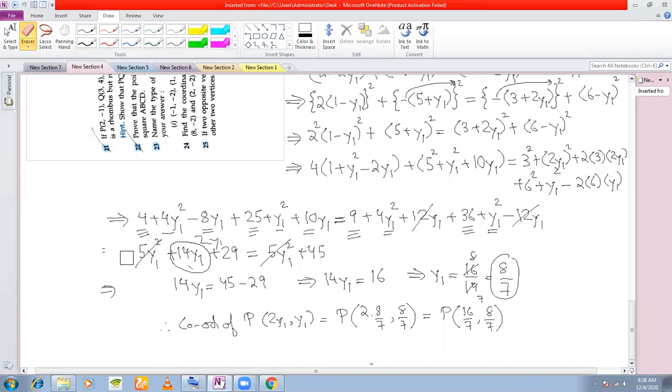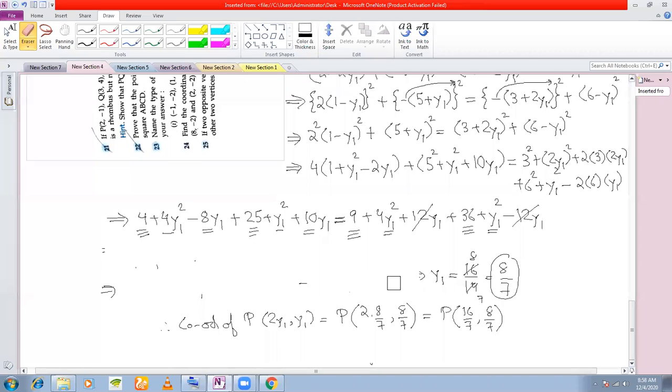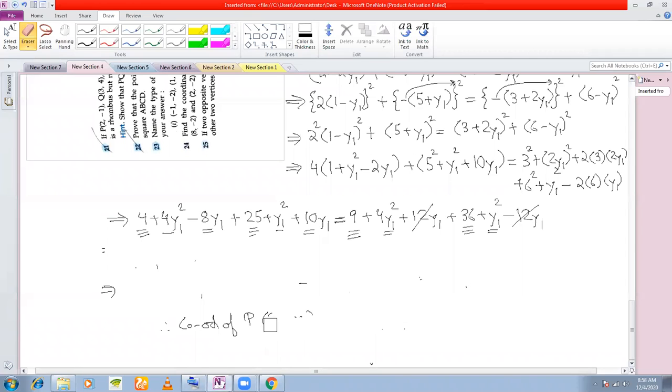So here in this step was a small mistake. While simplifying the left hand side, I had a y1 square.